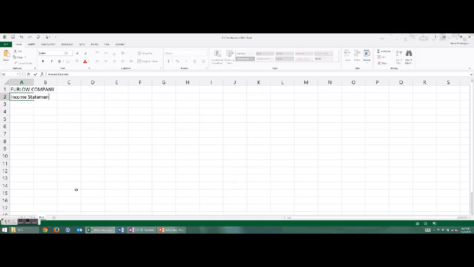Alright, and the heading is income statement, not multi-step income statement. And for the month ended.